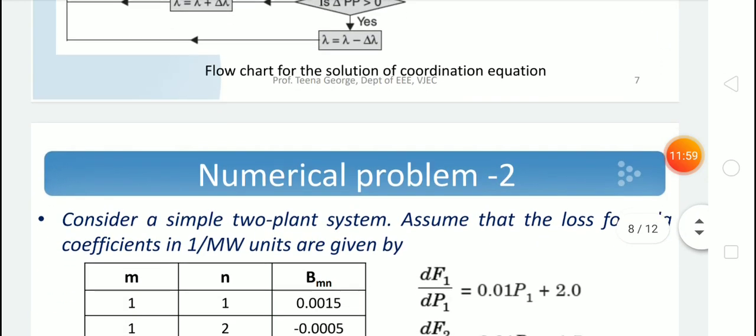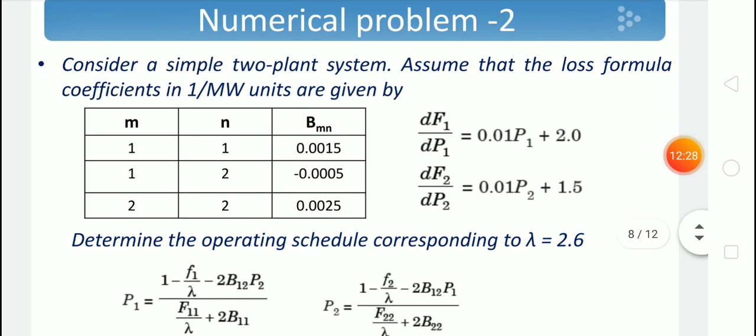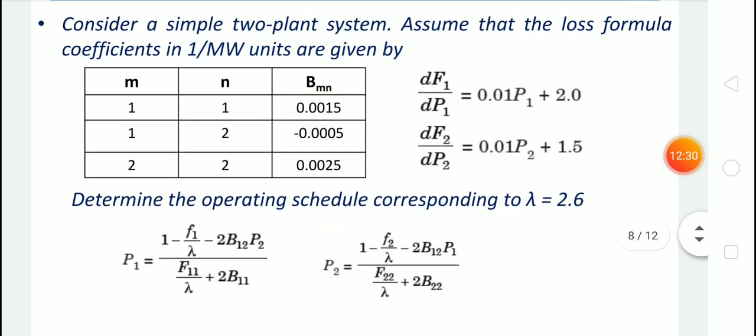Now we can see one problem in this method. Consider a simple 2 power plant system. Assume that the loss formula coefficients Bmn are 1, 1, 1, 1, 2, 1, 2, 2, etc. And here the incremental cost curve function is also given. ∂f1/∂p1 equal to 0.01 p1 plus 2. ∂f2/∂p2 equal to 0.01 p2 plus 1.5.